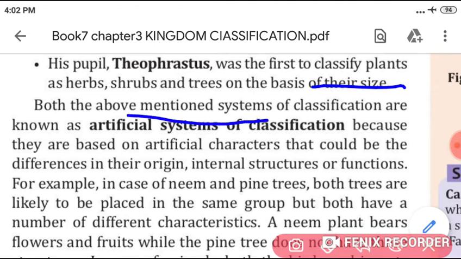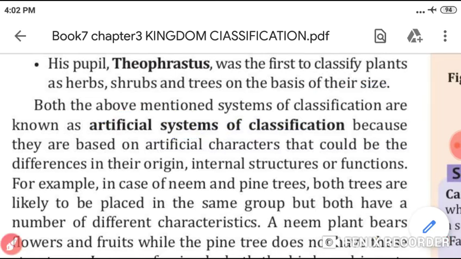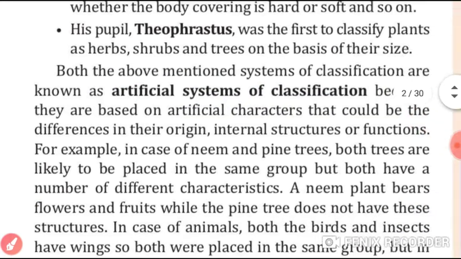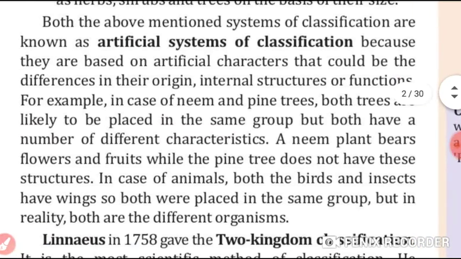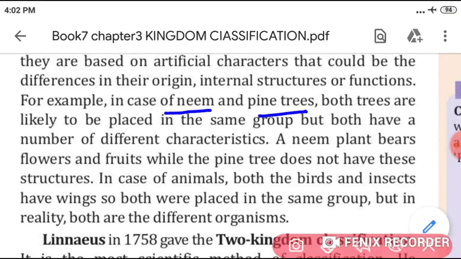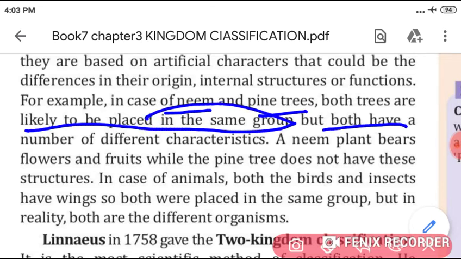Both of the above mentioned systems of classification are known, students, as artificial systems of classification. Why? Because they are based on artificial characters, which could be differences in origin, internal structures and function. Like neem and pine tree, both trees are likely to be placed in the same group, but they have a number of different characteristics.